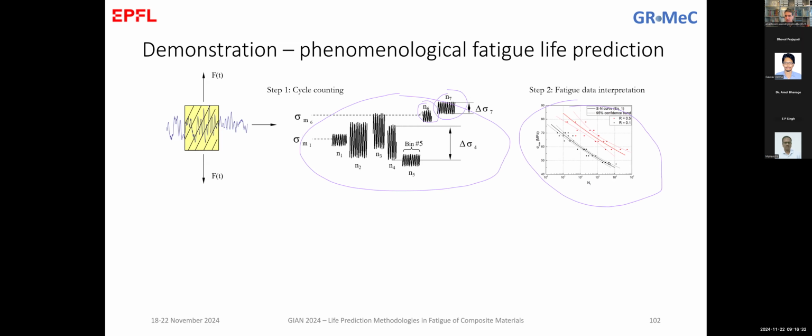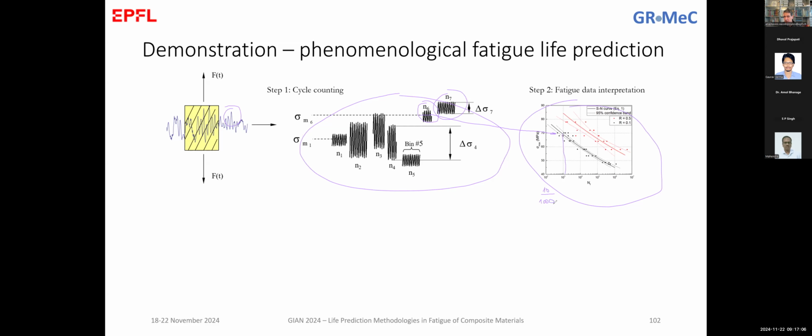This one shows that in my spectrum, I have so many cycles of this amplitude and this mean stress, which corresponds to this SN curve. So for this SN curve, my material will fail at 1,000 cycles. Here I have 10 cycles. So 10 over 1,000.